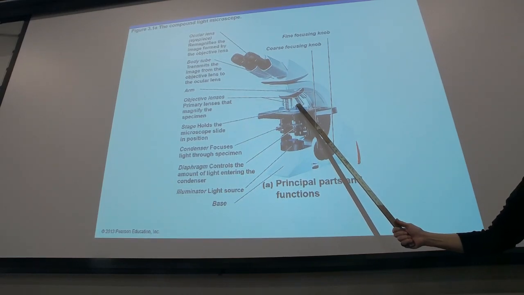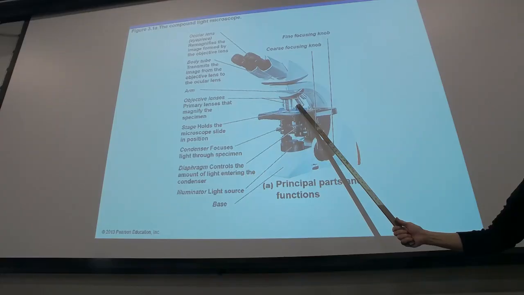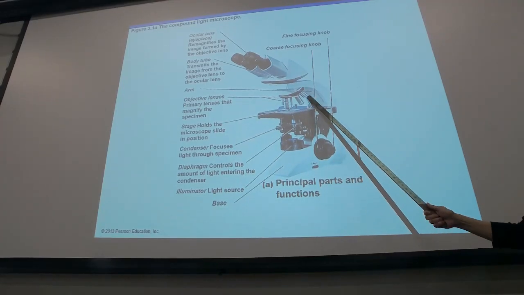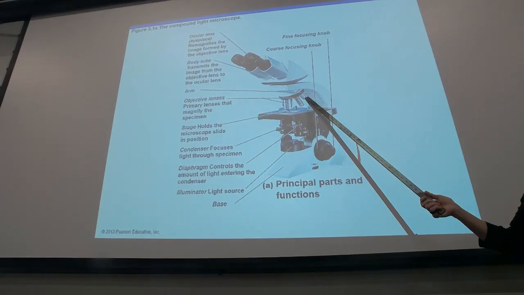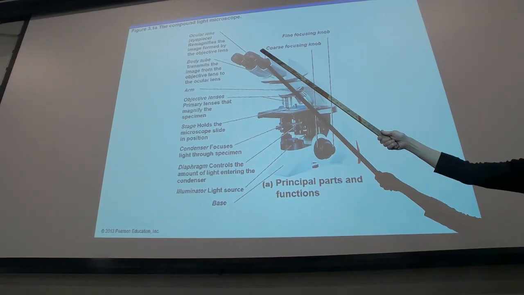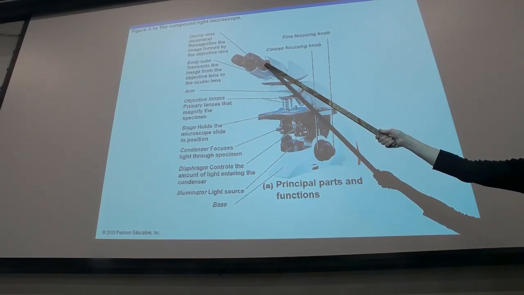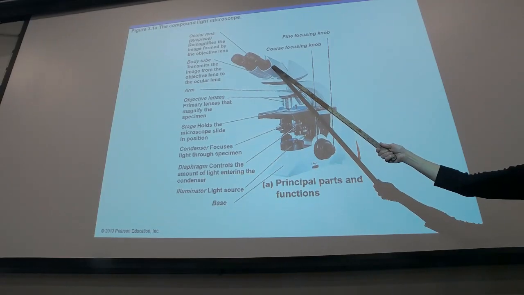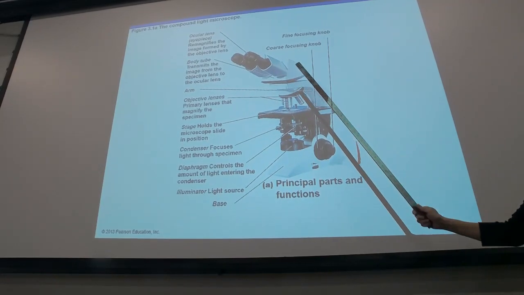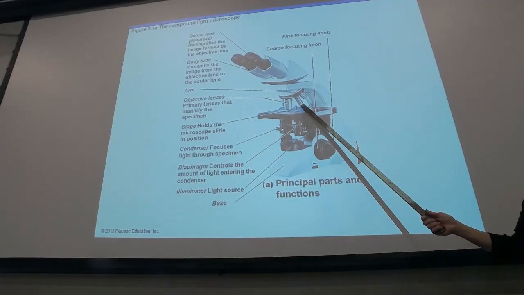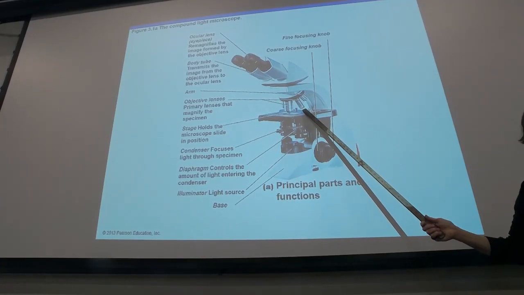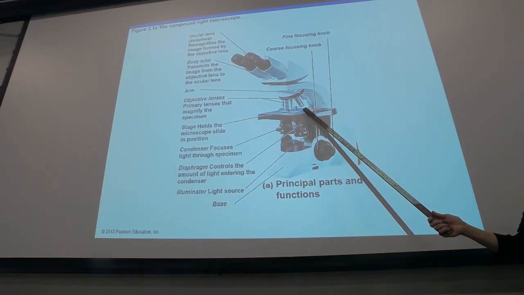So the minimum magnification that you can obtain is 50, because you multiply the times that this small objective lens magnifies, which is 5 times 10, 50. The next objective lens, which is the second largest, magnifies 10 times.